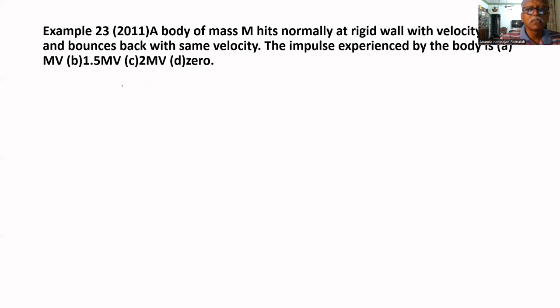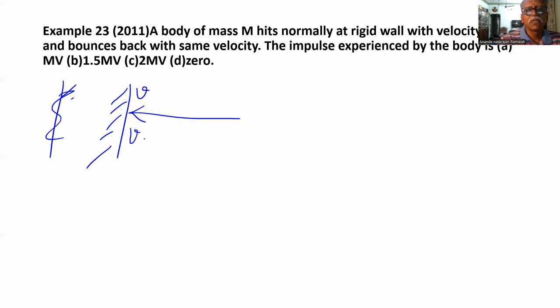So it hits with velocity V and bounces back with the same velocity. V bounce equal to minus V. V impact equal to V. V bounce back equal to minus V.